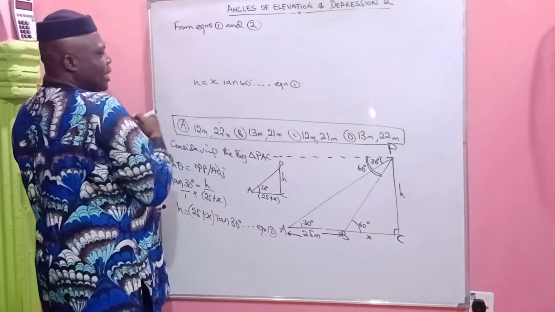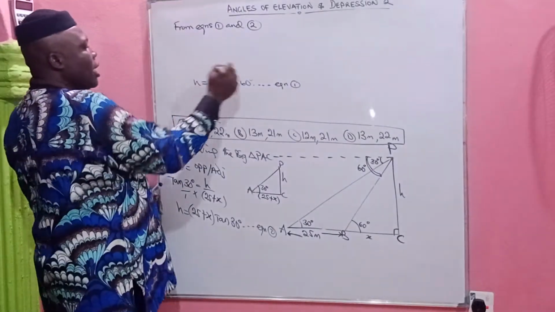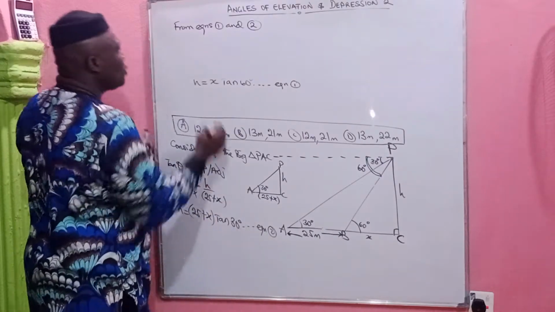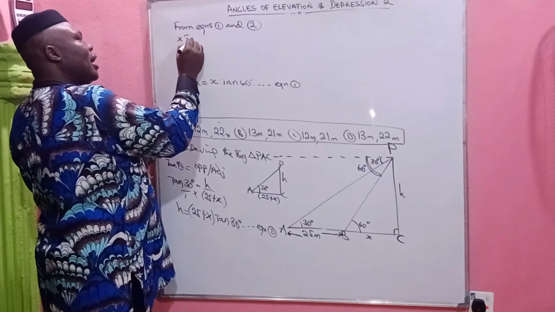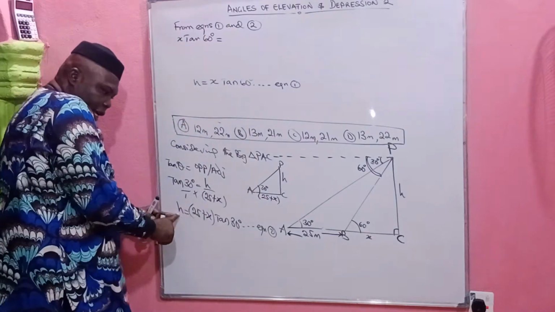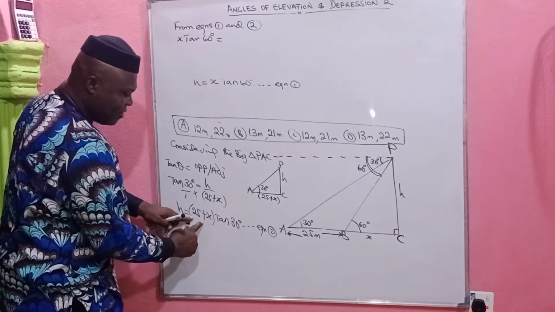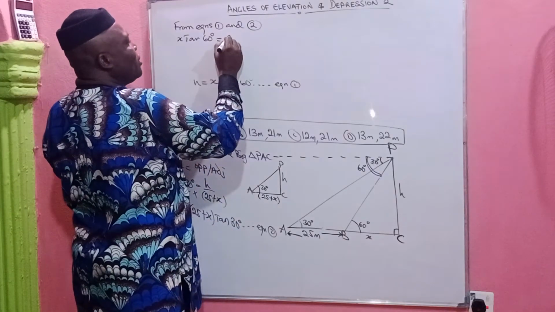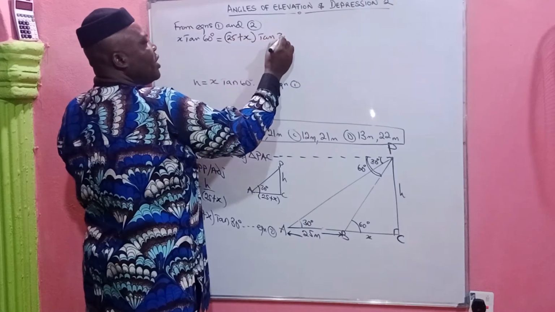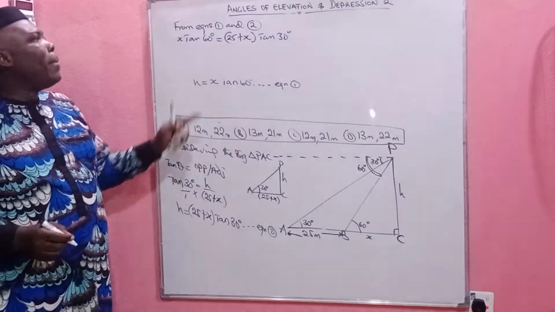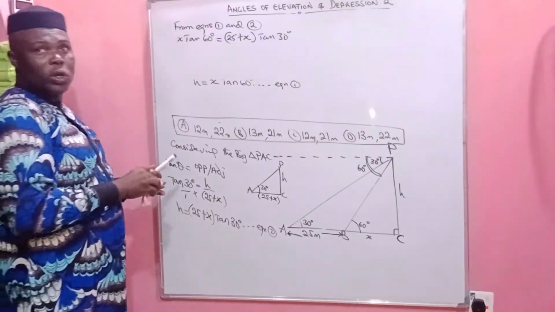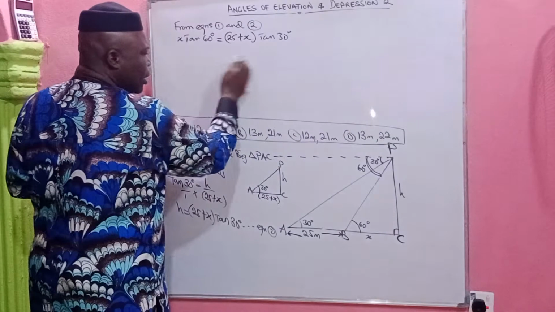It therefore means that X tan 60 degrees is equal to H, which of course is 25 plus X, the tan of 30 degrees. All right, so by so doing, we are going to find the value of X because X is now common on both equations. So let's see how we can handle that.